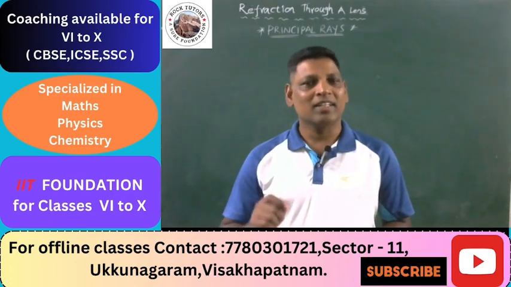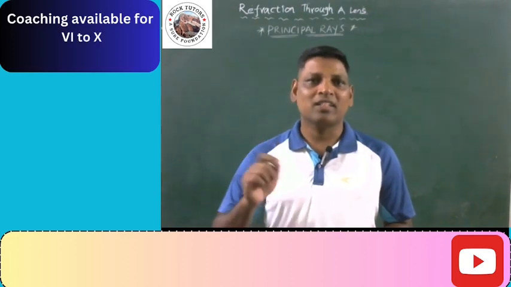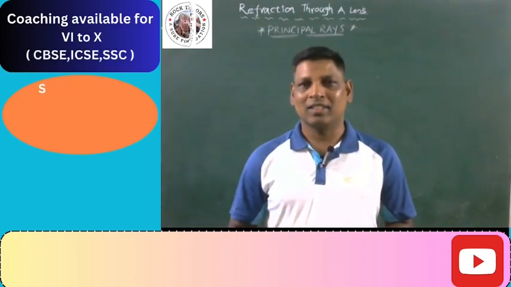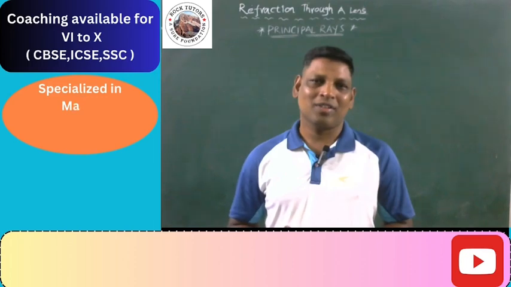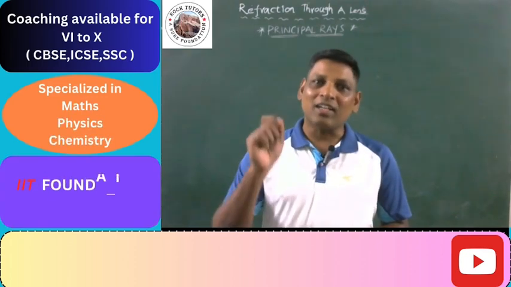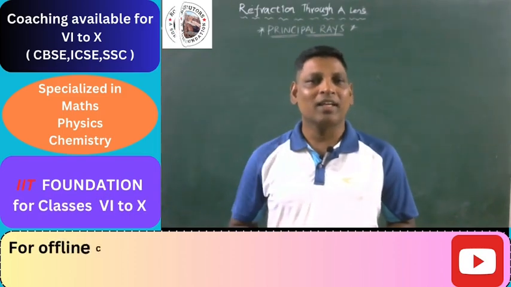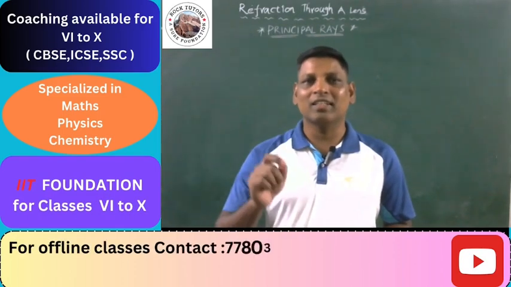In the next session, we will discuss ray diagrams, how the image will be formed, the kinds of images, the nature of the images, and the position of the images.